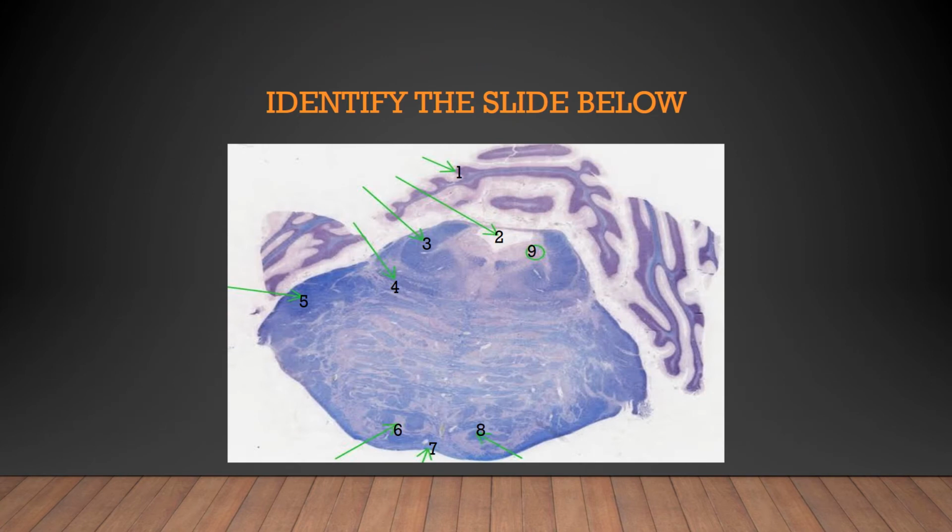So this is the slide of the pons, due to the presence of the fourth ventricle, basilar groove, and pontine nuclei. So let's try labeling the parts. 1 is the cerebellum, 2 is the fourth ventricle, 3 is the superior cerebellar peduncles, 4 is the medial lemniscus, 5 is the middle cerebellar peduncles, 6 are the pontine nuclei, 7 is the basilar groove, 8 are the corticospinal fibers, and 9 is locus coeruleus, which contains noradrenergic neurons.